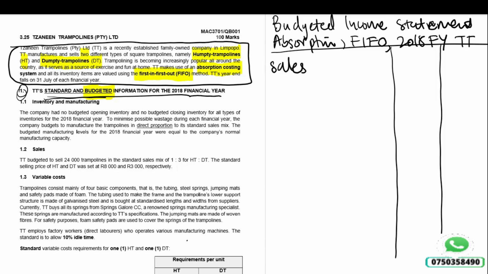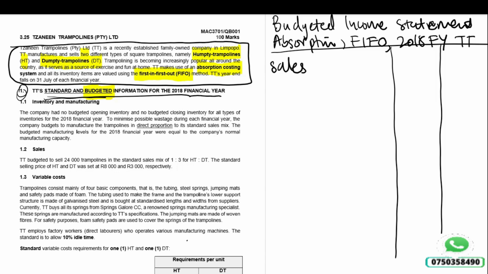I don't need to read the whole information, because by the time you get to the required, you would have forgotten what you have read. So it is important that you work with isolated information.